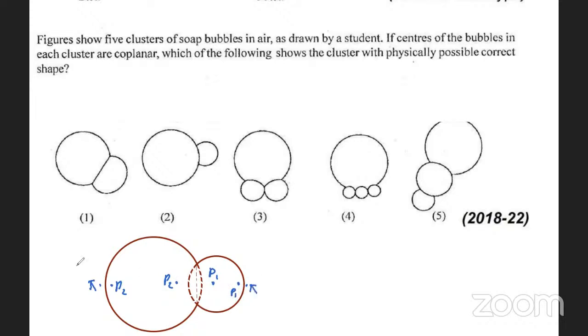So we can write an equation like this: P2 minus Pi is equal to 4T over R2, and P1 minus Pi is equal to 4T over R1.